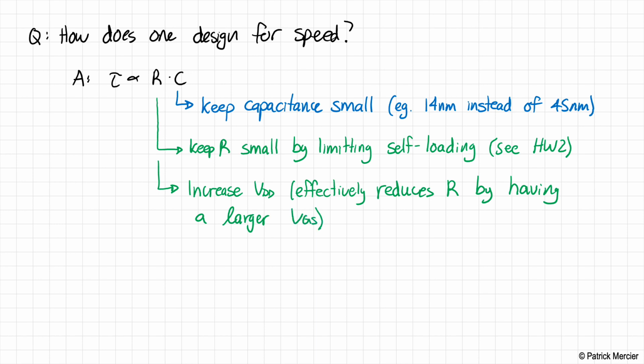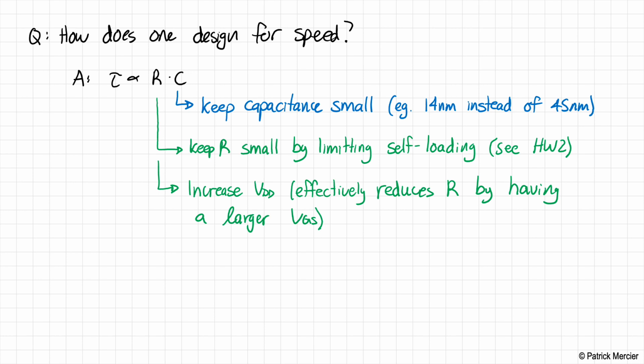When we're dealing with digital logic, our supply VDD sets the gate voltage of all of the gates that we're building. And so a larger VDD means a larger gate voltage, which means VGS will be larger, which means that we more strongly invert the channel, therefore its resistance will be lower, and so on and so forth. Okay, so this is good.